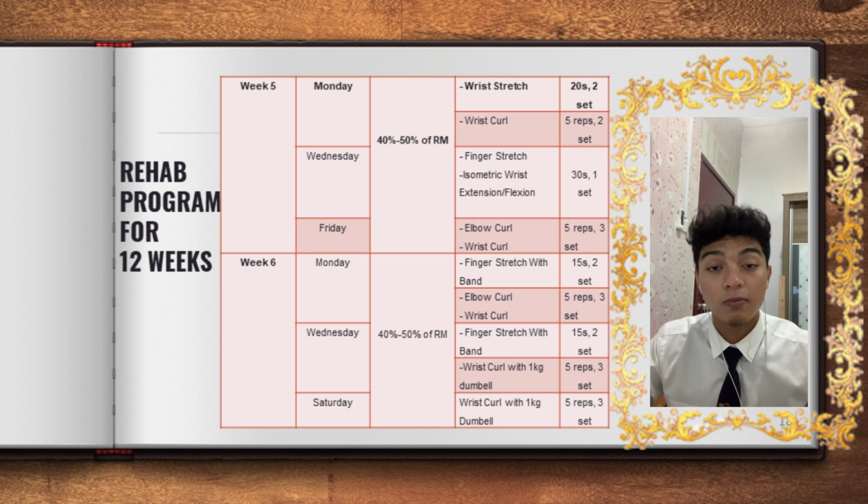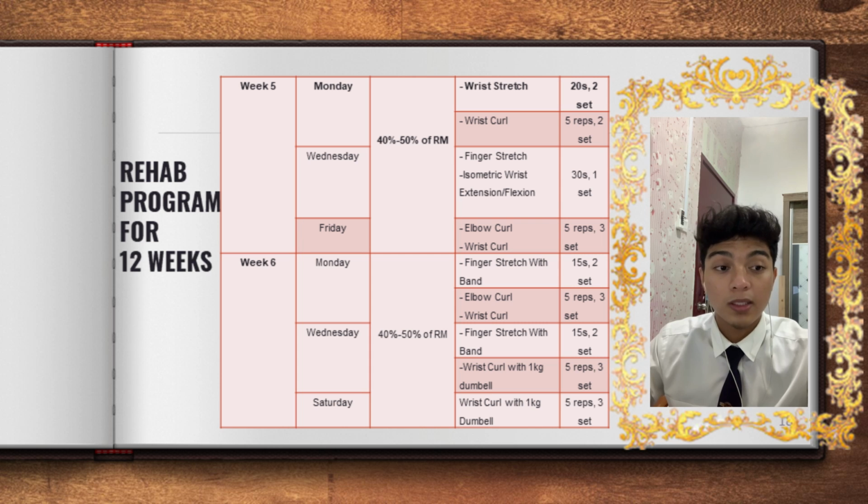reps for 3 sets. Okay, for week 6, the intensity is the same as week 5, which is 40% to 50% of repetition max or RM. Okay, for Monday, we have finger stretch with bend. This exercise will have a variation because we need a progression.